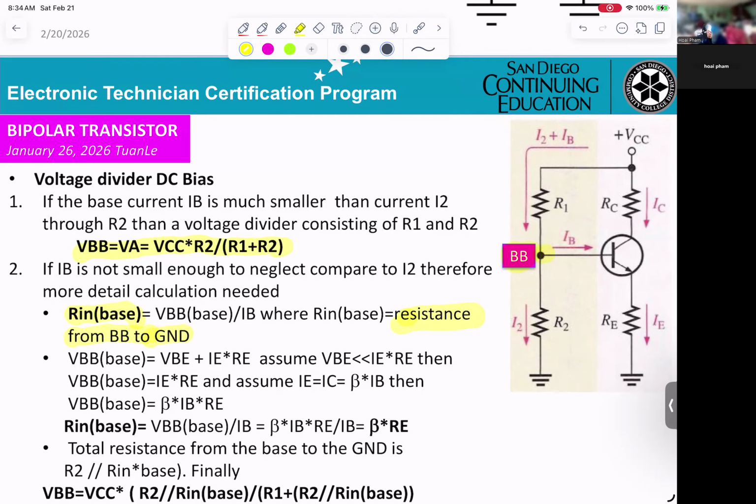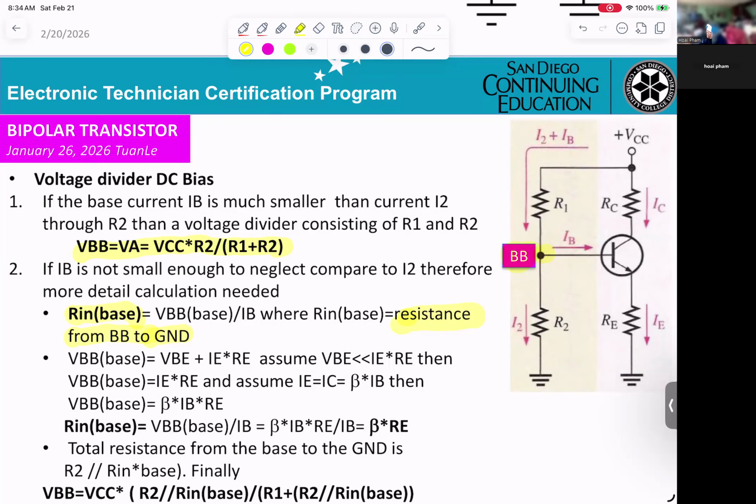Assume VBE is less than IE and RE. Then VB equals IE and RE.